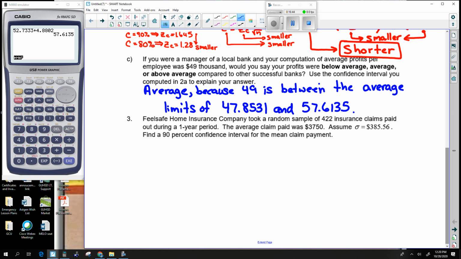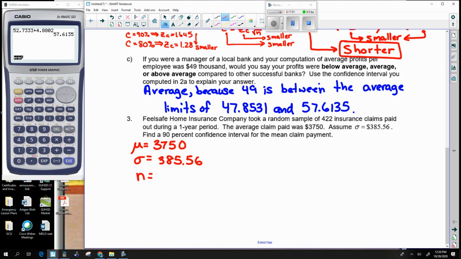They feel safe, home, blah, blah, blah. We have an average claim paid of 3,750 with a standard deviation of 385.56.